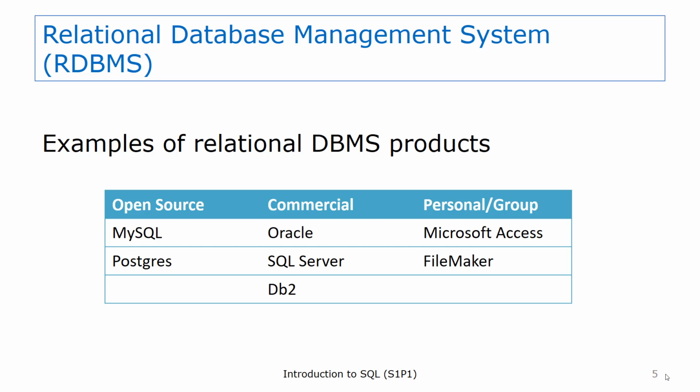Finally, with the widespread adoption of the Linux operating system, open source database systems have become popular and widely used. Two of the most well-known open source database systems are MySQL and Postgres. In this course, we will be using MySQL. There are versions of MySQL for Windows, Mac, and Linux.